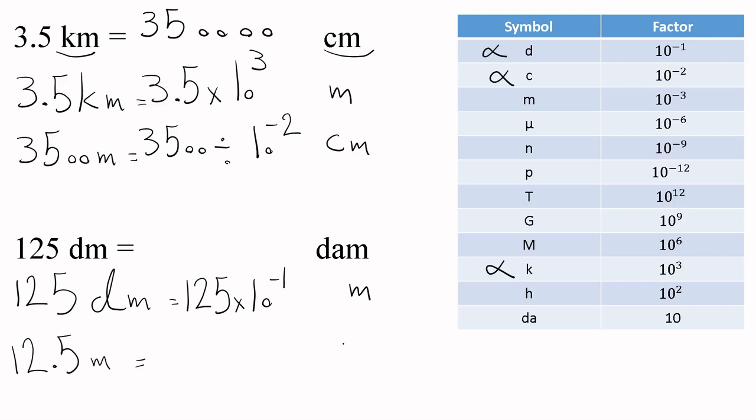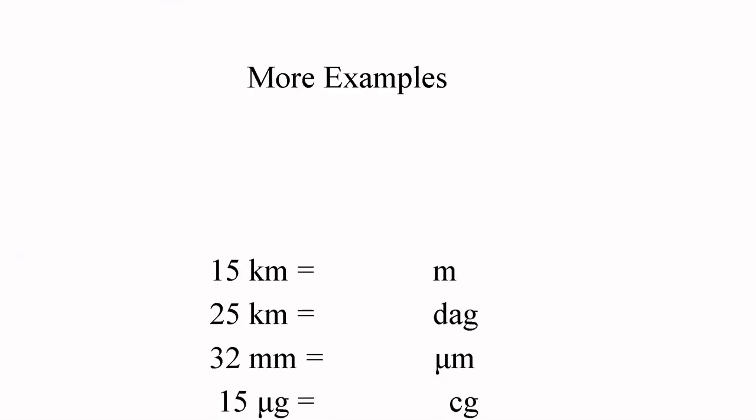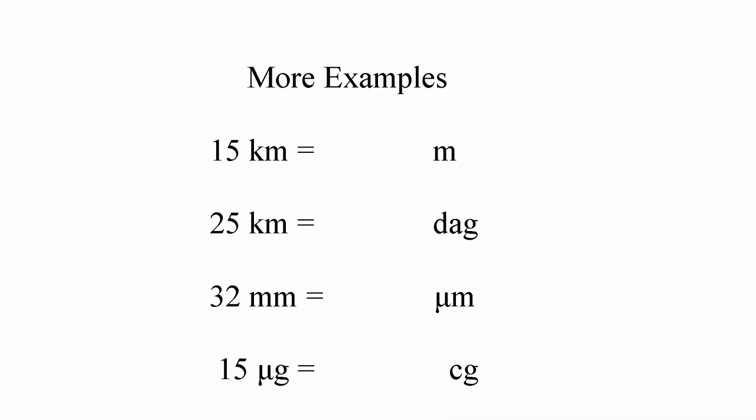And I want to convert it to decameter. What should I do? I must divide by what? By the number of deca, which is 10. And the answer will be 1.25 decameters.